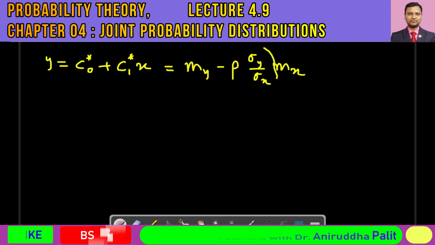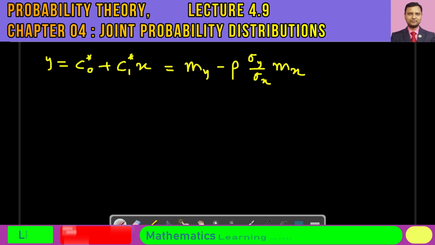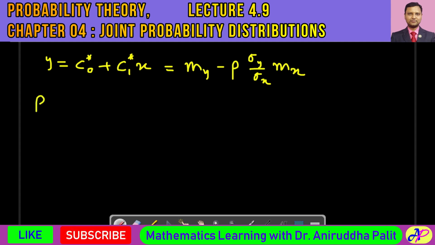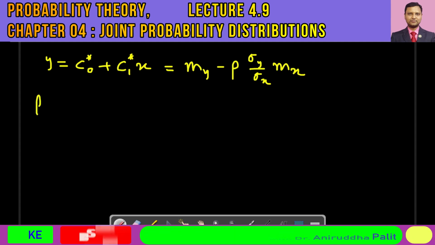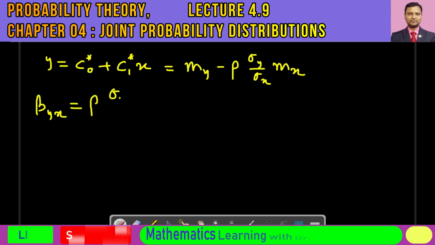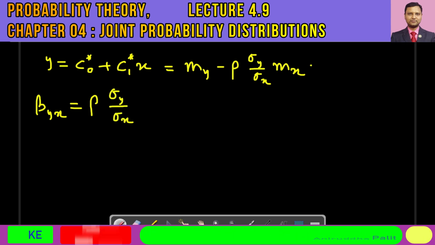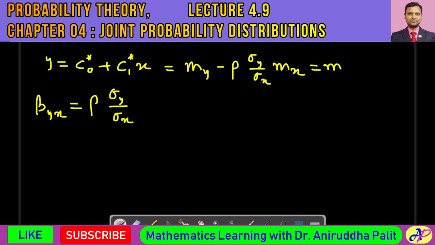And we took this expression beta y on x, that is equal to rho into sigma y divided by sigma x. So this expression can be written as my minus beta y x mx.